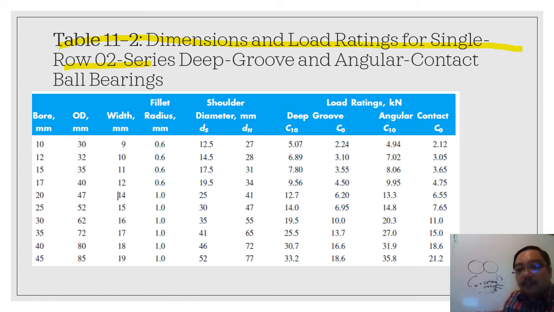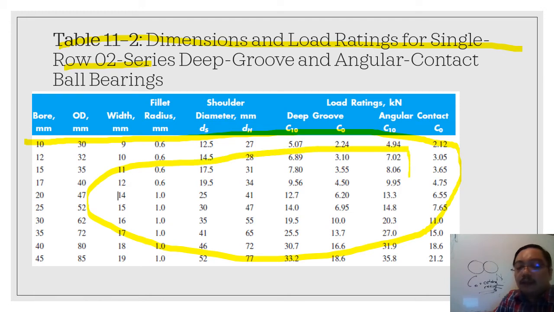Remember in this table it gives the value for the fillet radius, width, shoulder diameter and so on. This is what they call the dimension of the bearing. When you want to acquire the bearing, you get certain values for the bearing, and then you know this is the dimension.